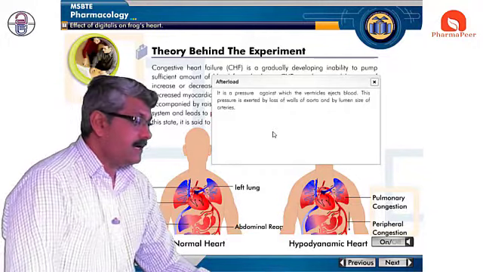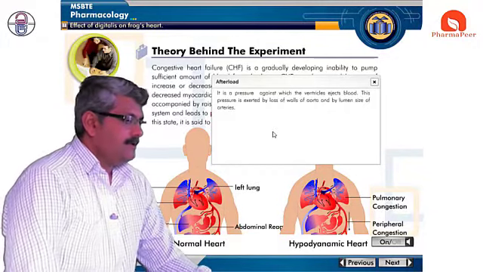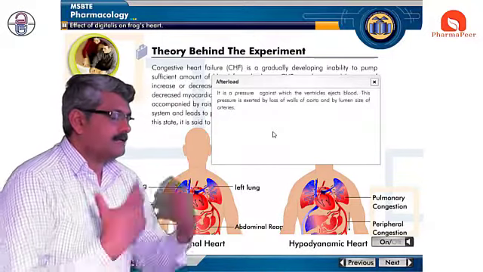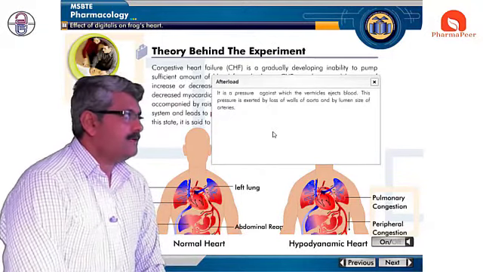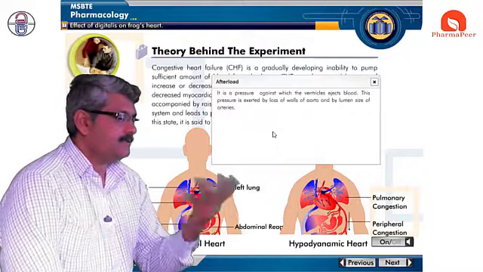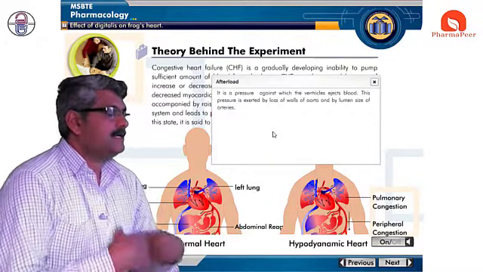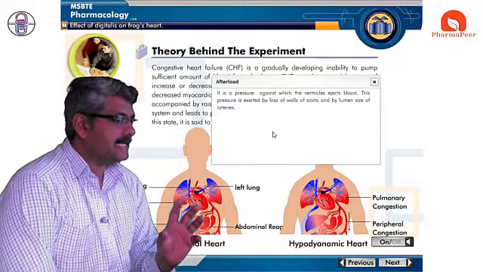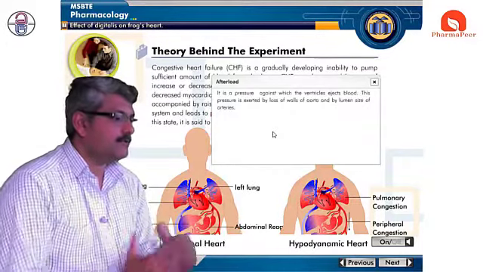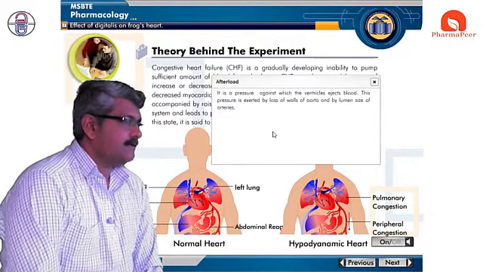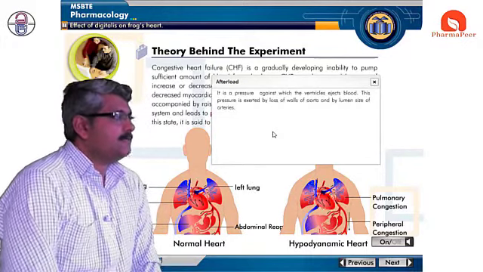Whenever the heart starts pumping, it tries to eject whatever quantity of blood is available in the heart. When it ejects, it creates some pressure on the walls of the aorta and the arteries. In a simple manner, we call this blood pressure.